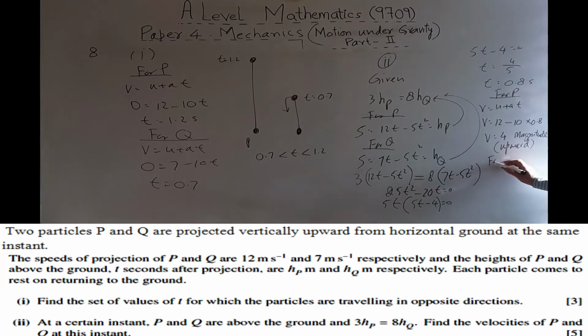And similarly for q, you use v is equal to u plus at. Putting the values, you will get v is equal to 7 minus 10 into 0.8. From here you will get minus 1. So the magnitude is 1, and it is moving downward.